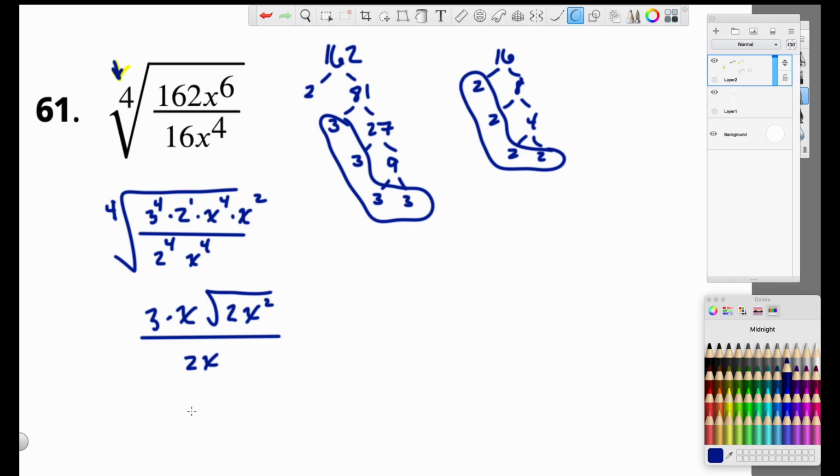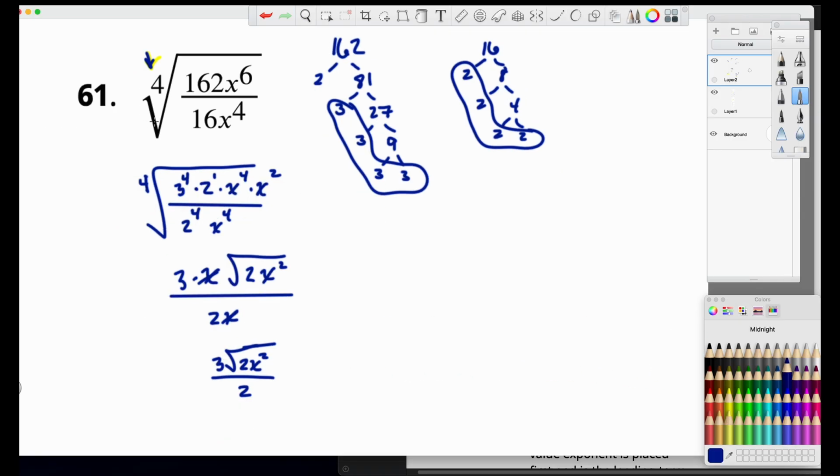So this would leave us with 3 times the root of 2x squared over 2, because the x's would cancel. And I forgot here, I have to make sure I include the 4: this is still the 4th root of what's in here.